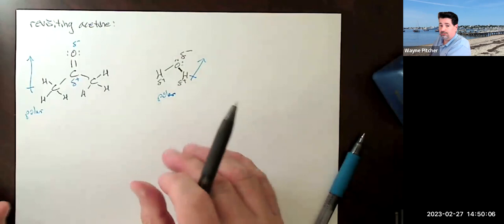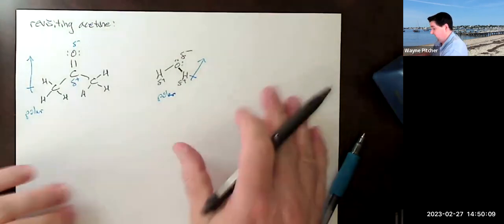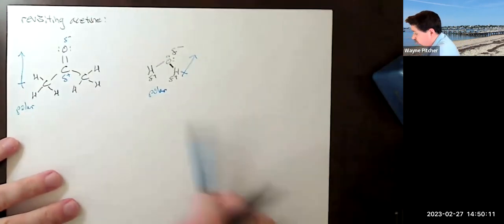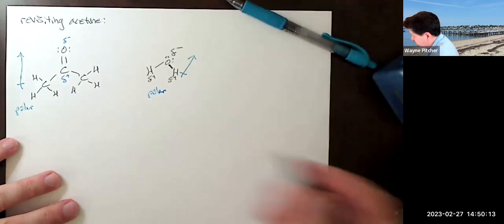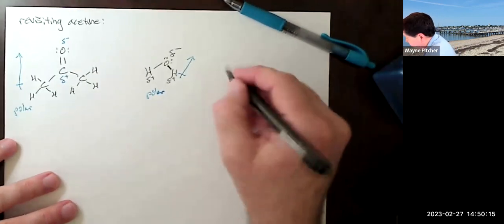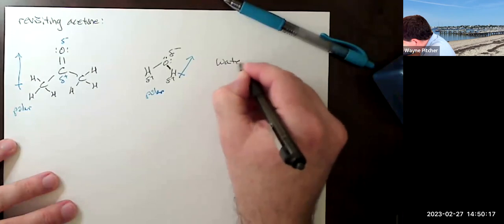Now, water can do something interesting that acetone can't do. And the reason why we say water is such a great polar solvent is that it can form hydrogen bonds.